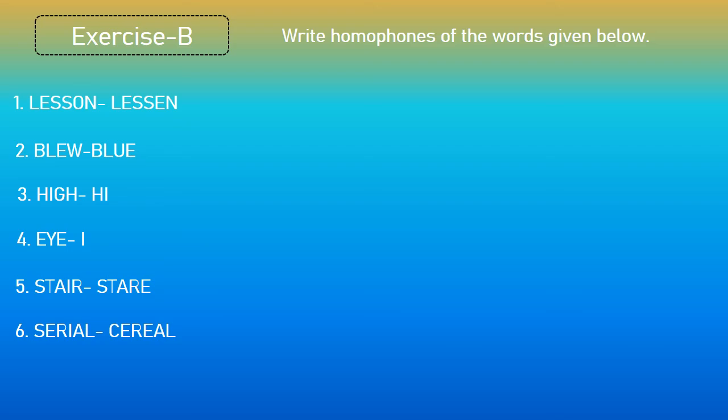So what is it? Any guess? Yes, it is one type of grain which can be eaten, and it is part of our daily meal, right? So number 7 is BUY, and its homophone is BY. It means after a short period of time.